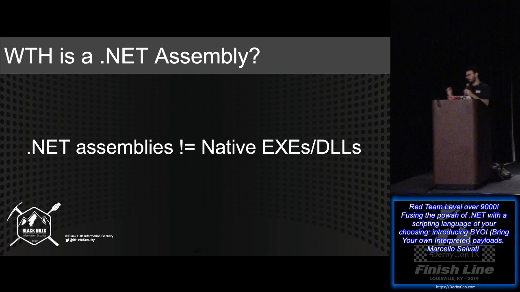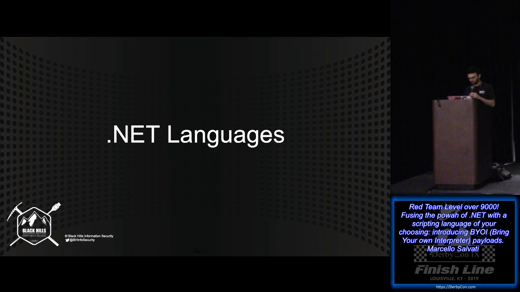Just because it has .exe or .dll at the end as an extension, it's a completely different format. It could be a whole other talk about the format of a .NET assembly, because that in itself is a hell of a rabbit hole. But this is a very important distinction to know about.